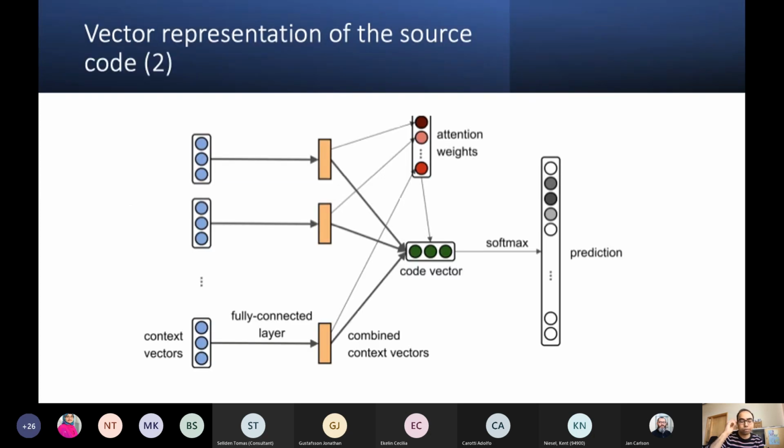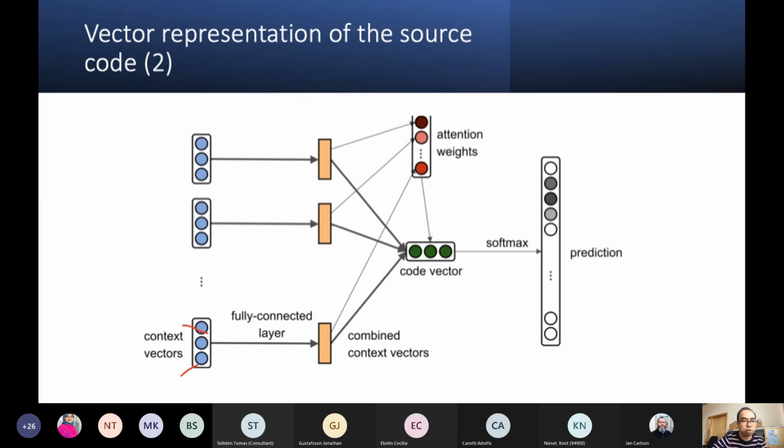For example, we can see in this figure the architecture of this learning technique. The input of this architecture is the context vectors of AST paths that we have seen before, and the three dots represent three vectors. The first one is for the first terminal, the last one is for the last terminal, and the middle vector represents the vector of the context.